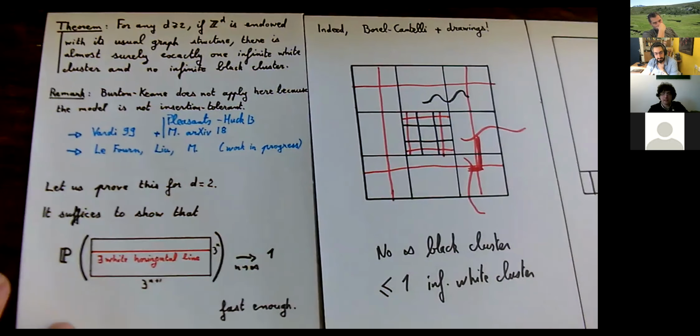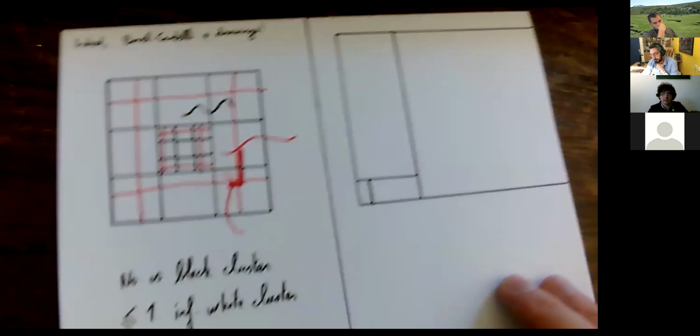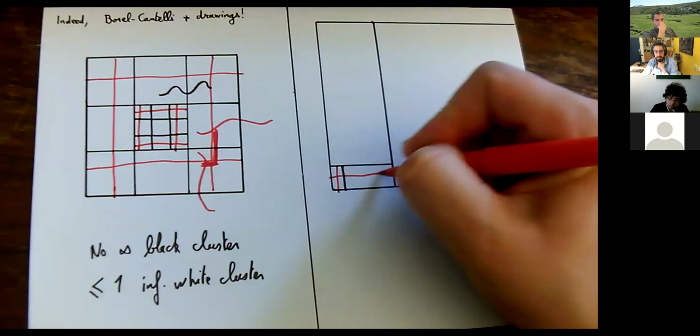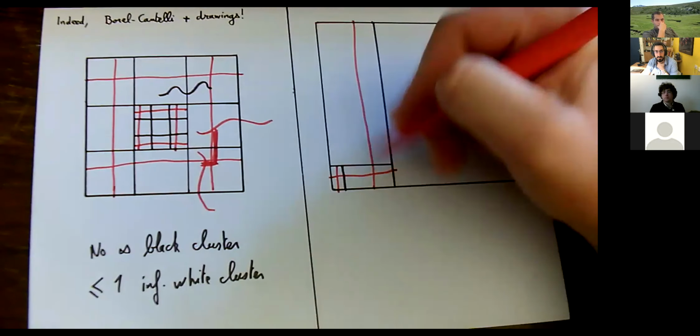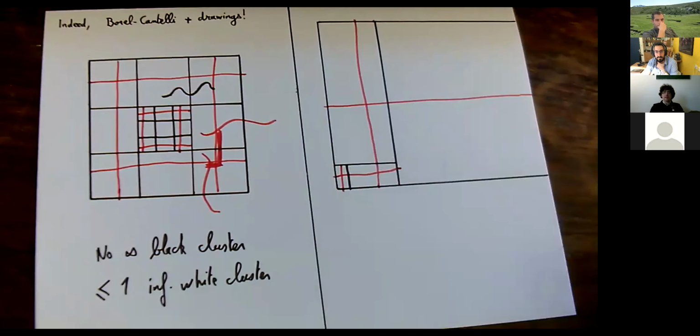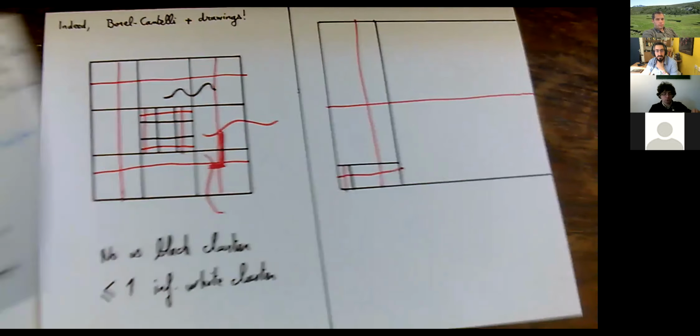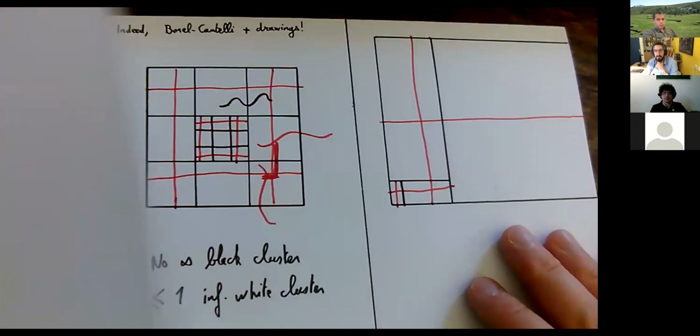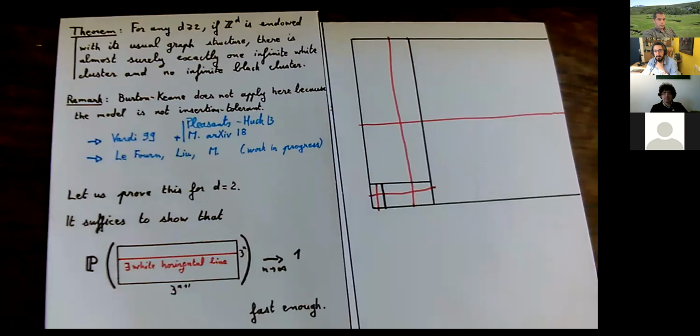Well, because of the following picture. We are making a staircase, and this yields some infinite path. Okay, so indeed, it does suffice to prove that these events have probability going to 1 fast enough.